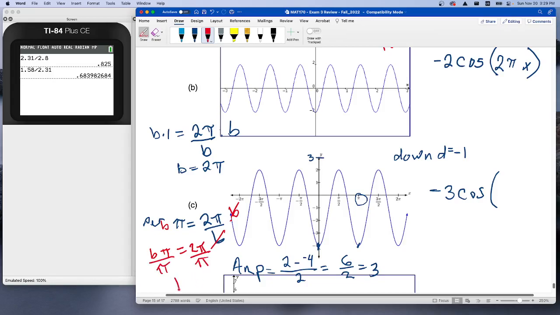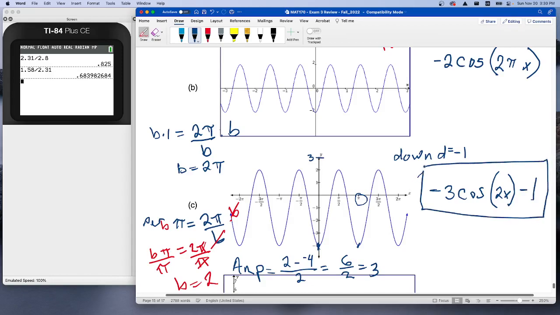So what we see is b is going to be equal to 2. So inside here, I need a 2x, no horizontal shift, but a minus 1. So that would be my function that I would use for this one.